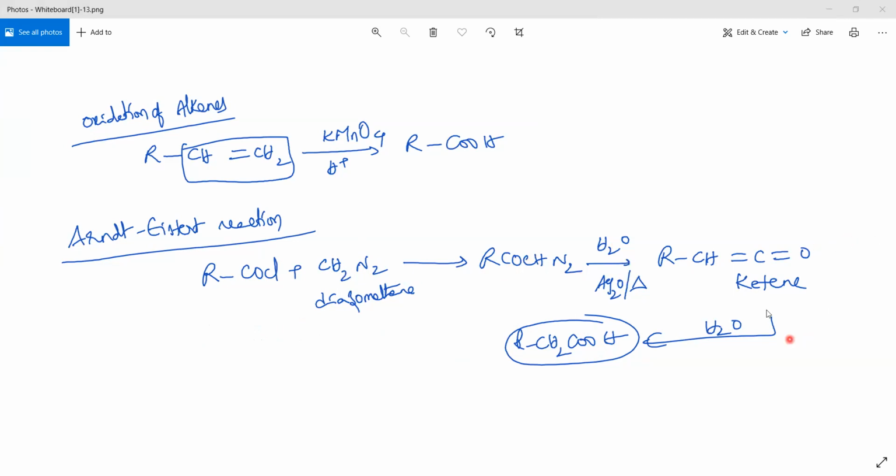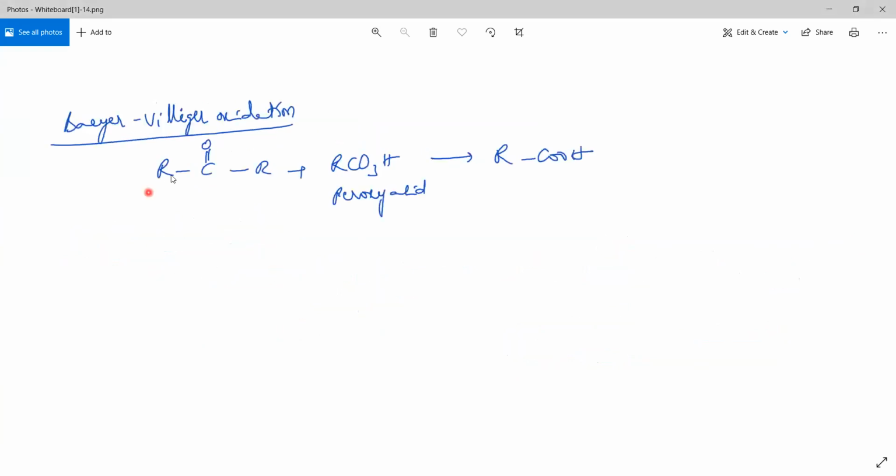You will get ketene, and again on hydrolysis, finally it gives COOH. And Baeyer-Villiger oxidation: RCOR ketone, when treated with peroxy acid, gives the corresponding carboxylic acid.